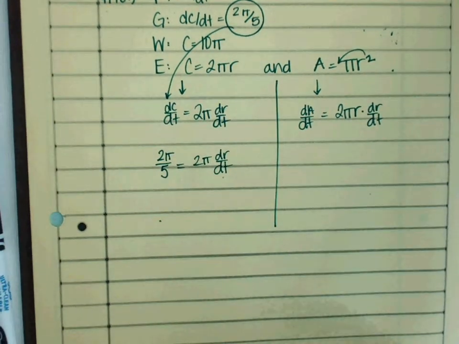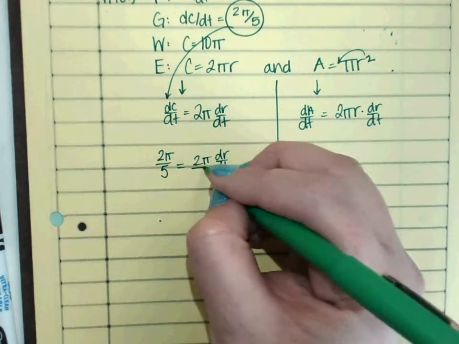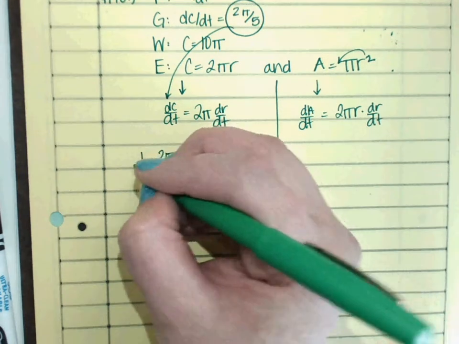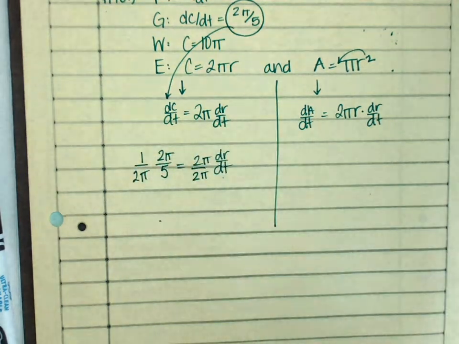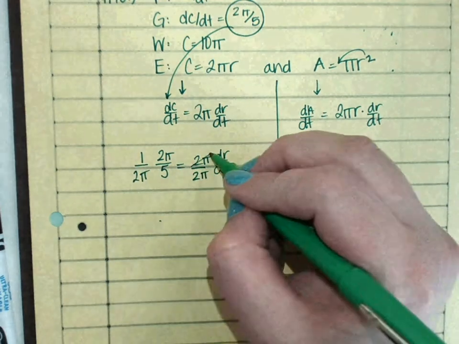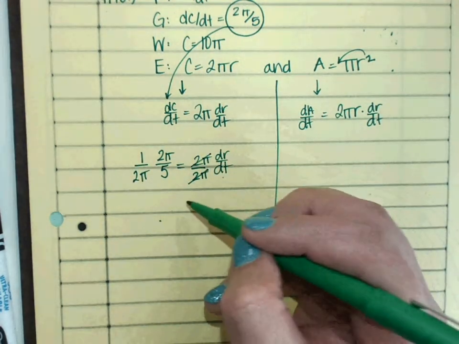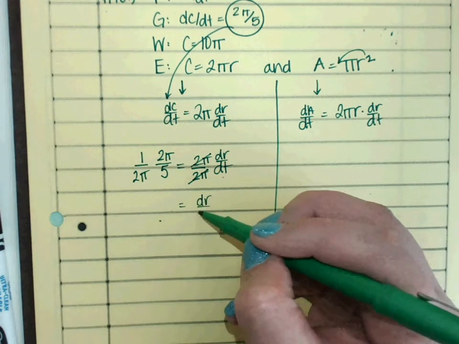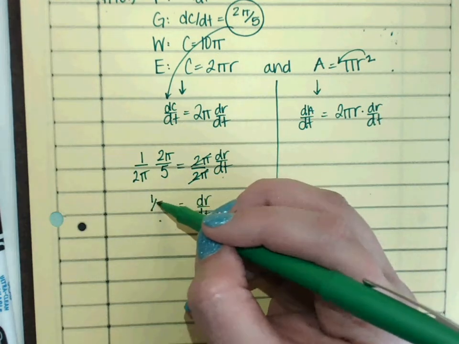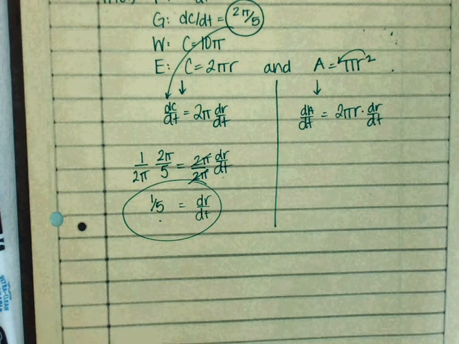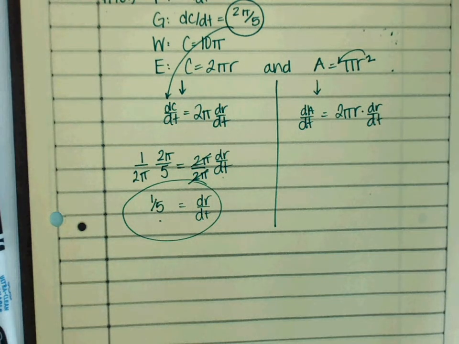Well then if I divide by 2 pi on both sides, remember that's the same as multiplying by 1 over 2 pi. What's going to happen with my 2 pi's on the left side? And what is dr/dt going to be equal to? 1 over 5. Did anybody get there? Good. Now, that's one of the things I need.